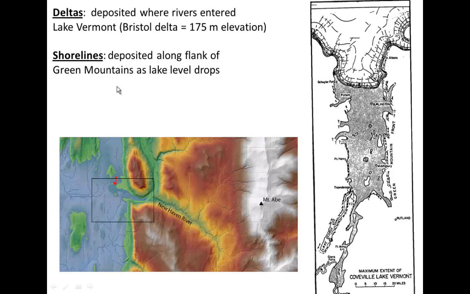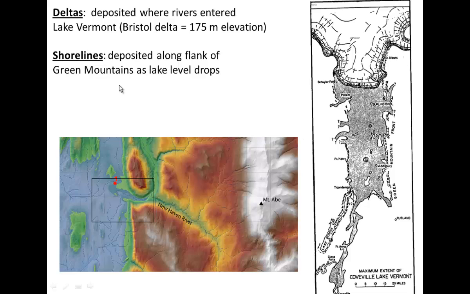So deltas tend to be flat-topped, and they tend to fan outwards from the river mouth. So towards the bottom of the Middlebury River, you may well see deposits of the Middlebury Delta. However, note that these deposits cannot be higher than 175 meters, because that's the highest that Lake Vermont ever reached.